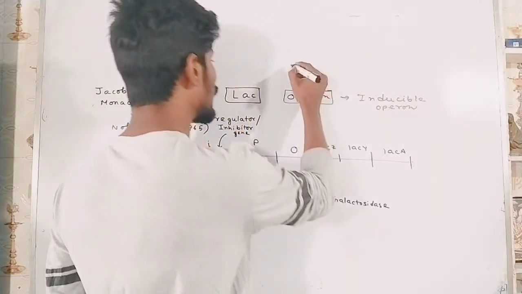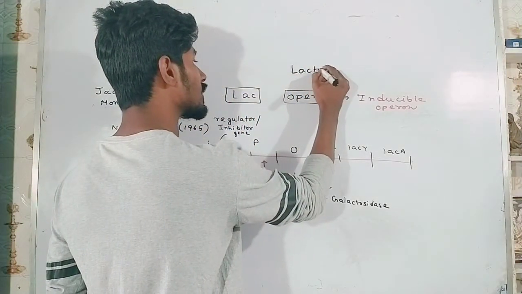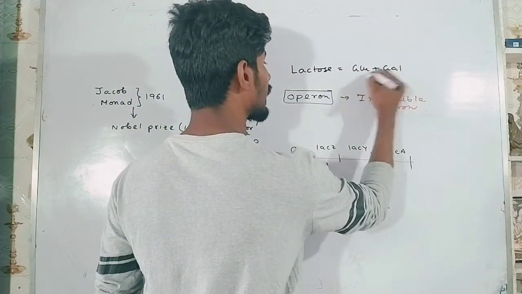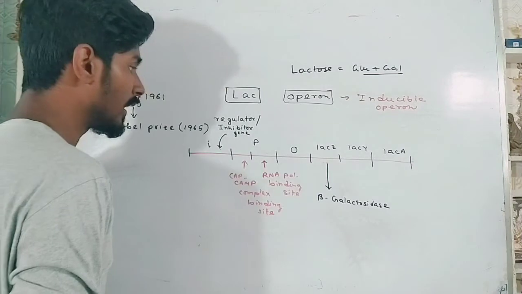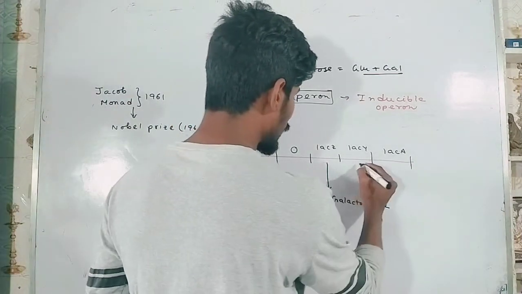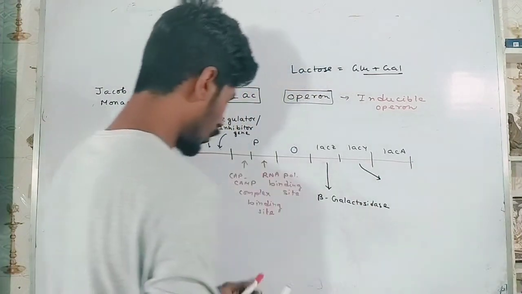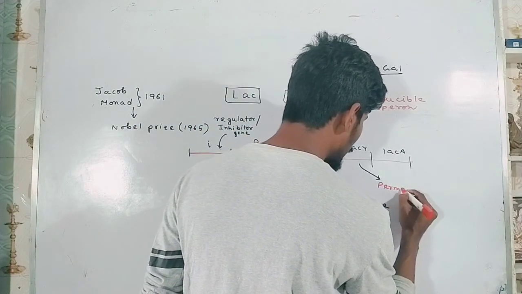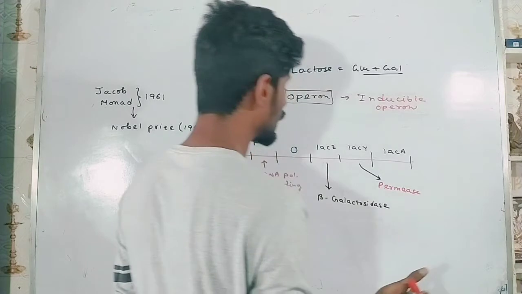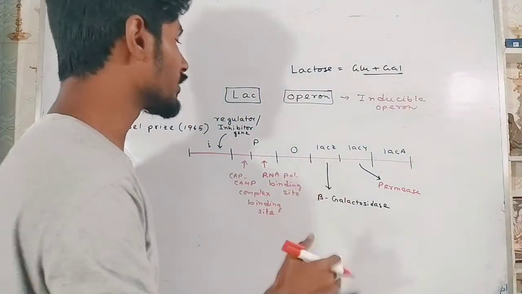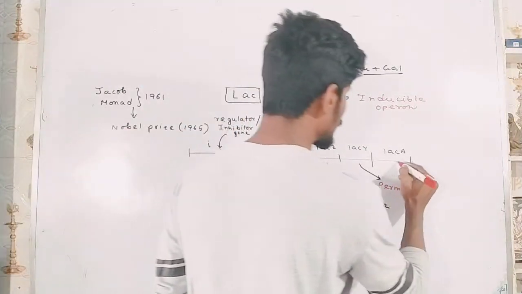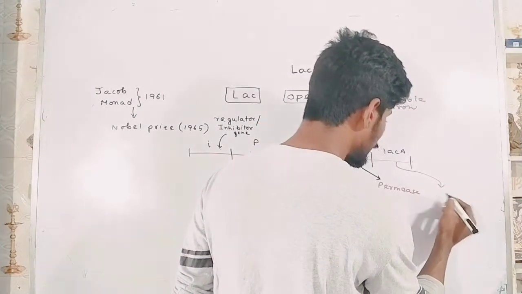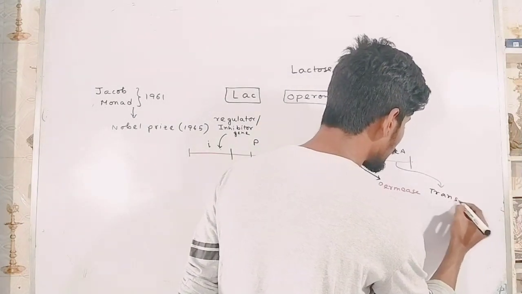You know very well that lactose is made up of glucose and galactose. Now the Y gene codes for an enzyme called permease, which helps lactose to enter into the cell, and after that we have the A gene which produces an enzyme called transacetylase.